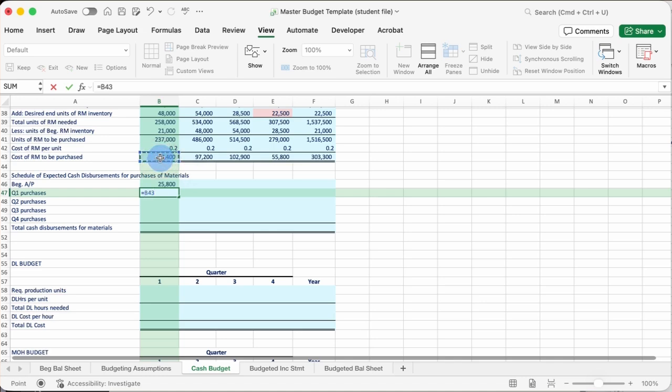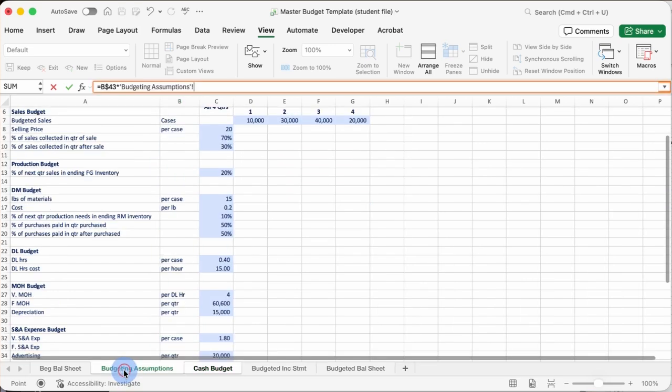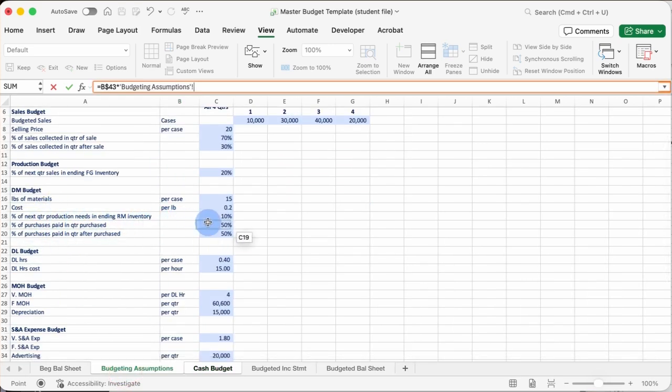So I'm going to lock this in. I'm going to cycle through where the 43 is locked in. So the row's locked in, but the column is not. And then, so we should have B $43 times budgeting assumptions, the percent of purchases paid in the quarter that they're purchased, and hit enter.